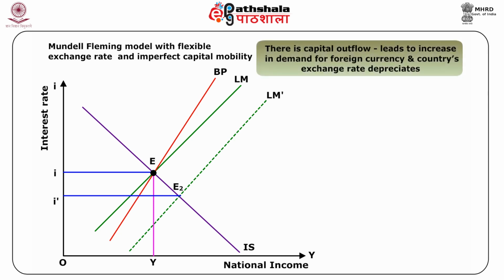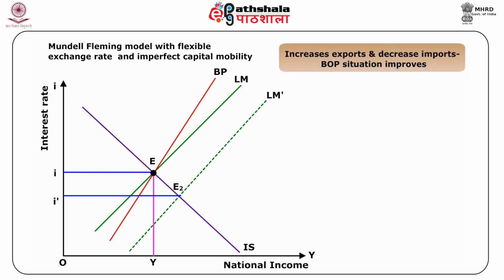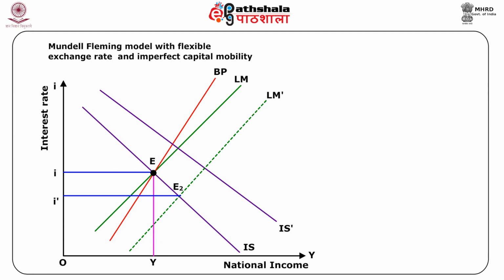This leads to an increase in the demand for foreign currency and the country's exchange rate depreciates. This increases the exports and decreases imports. This results in the IS curve shifting to the right to IS dash.